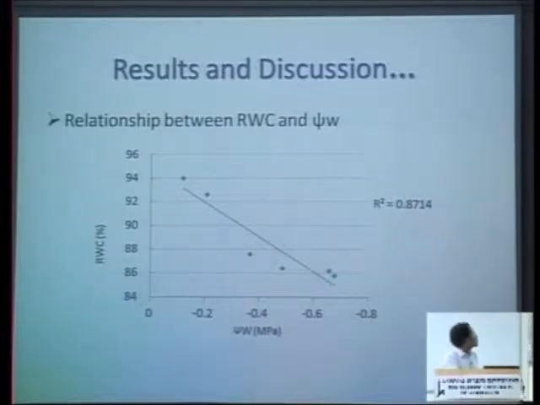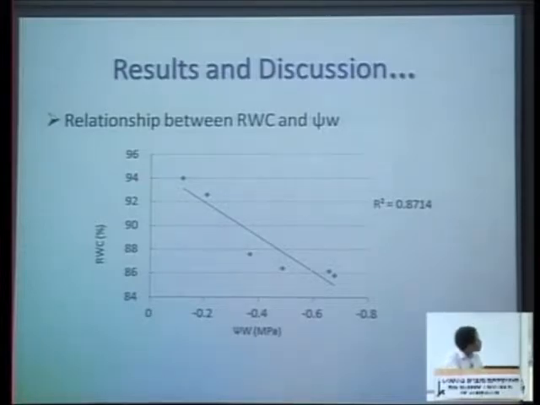So we try to see the relation between water potential and the relative water content of the leaf. Here the relation is not very satisfactory because you can see the points are scattered. 87 is not bad, but we cannot fully trust it because the number of points we took is small, as we are taking averages of different leaves.